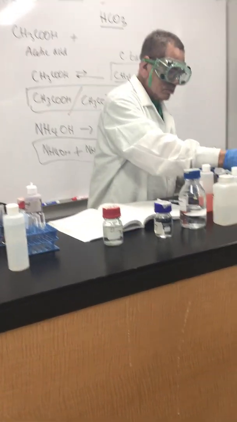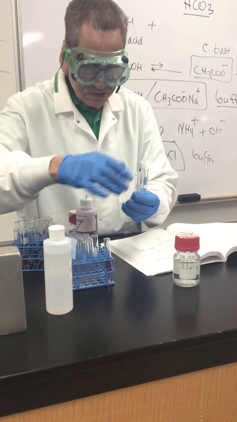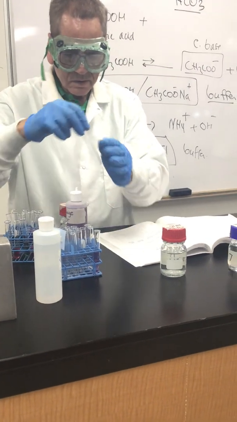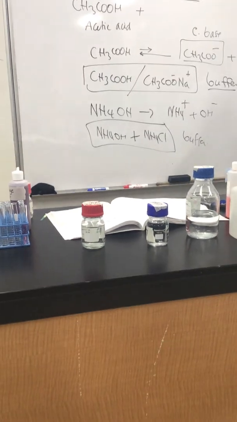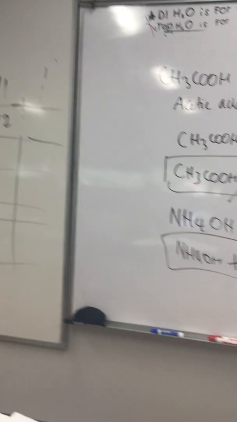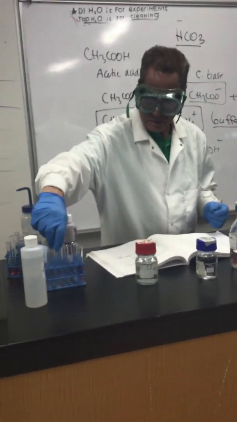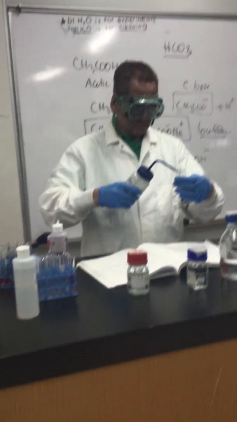Now, we're going to prove that the buffer is a system that resists the change of pH. We're going to use water in one test tube. I have to find water somewhere. Oh. So this is water. I'm going to use 2 test tubes for the water solution.